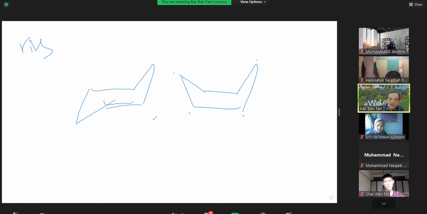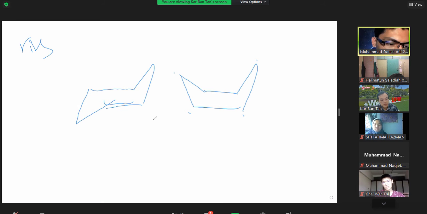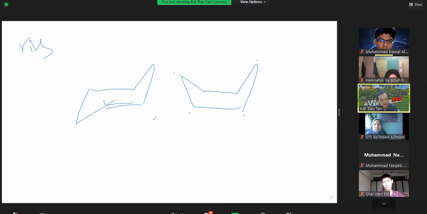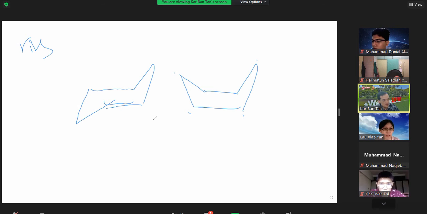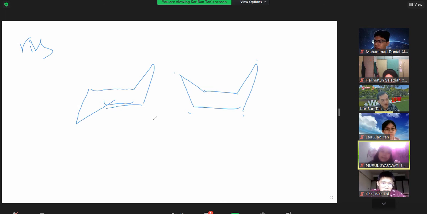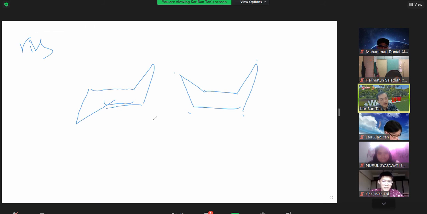Okay, so which one is chair, which one is boat conformation? The left one is chair, okay, and then boat, the second one, the right. Okay, so have you made the structure?